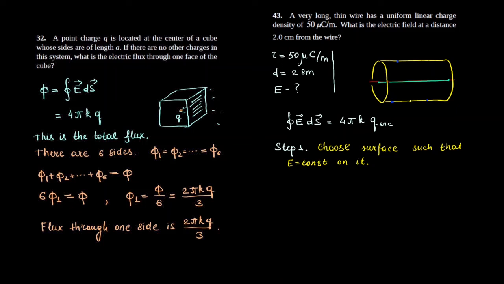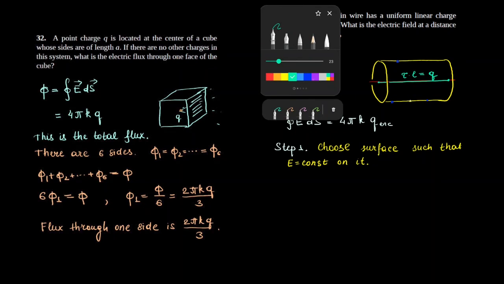Since the linear charge density is tau, if I multiply it by L, it will give us Q. Okay, so this is the enclosed charge. Then we can write, first of all, since E is constant at that surface. So, okay, now step 2, let's calculate the total flux.